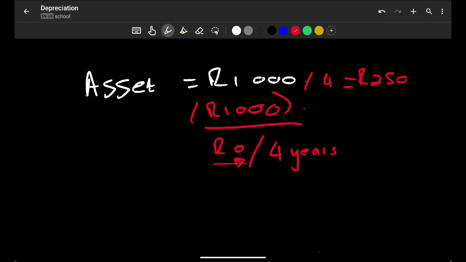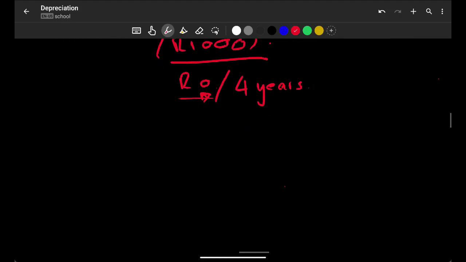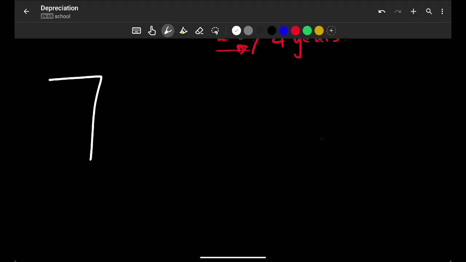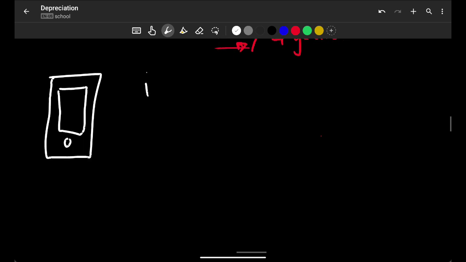Now, yes, it's still confusing. I have not explained depreciation by itself, so let's start on that. Let's say you have a phone, right? Let's use an older phone. Let's use an iPhone 6.